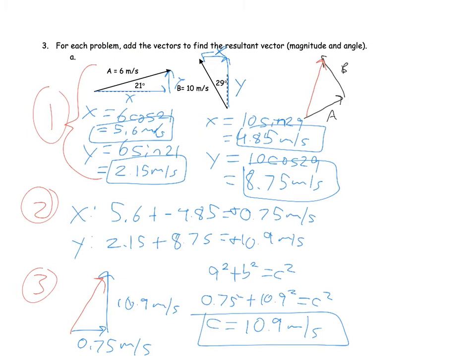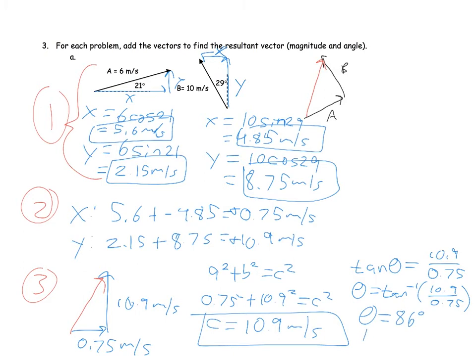And for my angle, I'm going to say tangent of theta is opposite, 10.9, over adjacent, 0.75. So my angle is the inverse tangent of that, 10.9 over 0.75. And so the angle here ends up being 86 degrees, and it is going to be north of west.